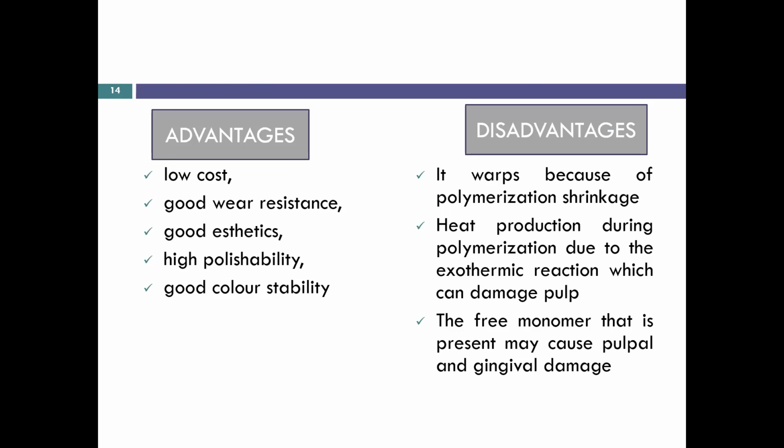Disadvantages are that it warps because of polymerization shrinkage, and heat production during polymerization due to the exothermic reaction, which can also damage the pulp. The free monomer that is present may cause pulpal or gingival damage.